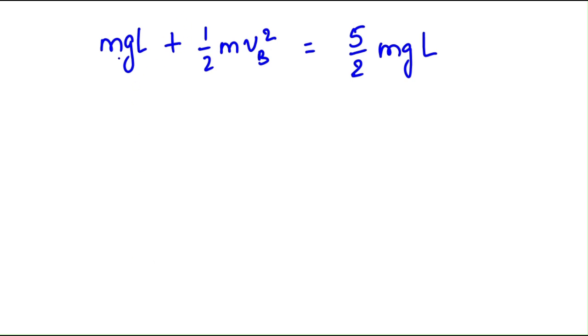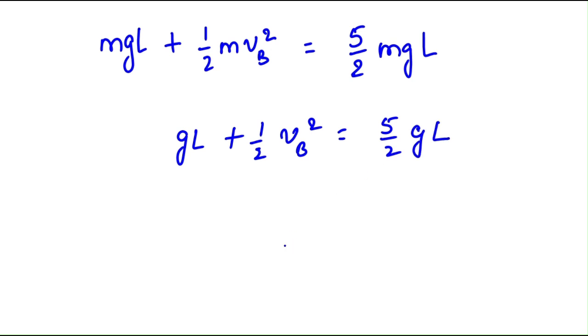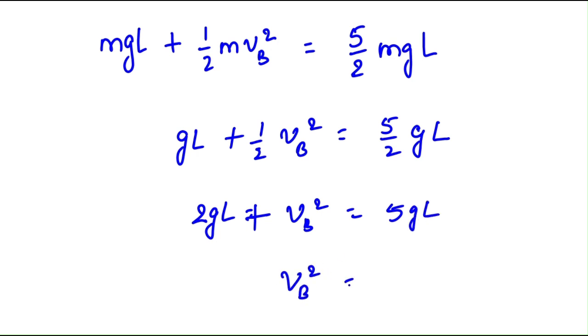Let's do further. Then we can write gl plus 1 by 2 v_b square equals to 5 by 2 gl. Now we can multiply 2 on both sides. Then we will have 2gl plus v_b square equals to 5gl, and then we can simply write here this will be 3gl.